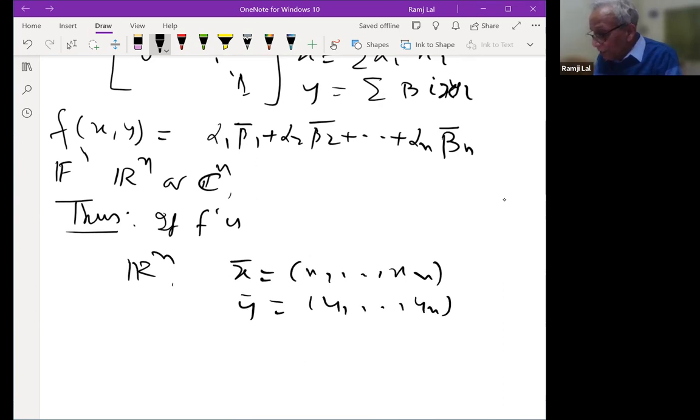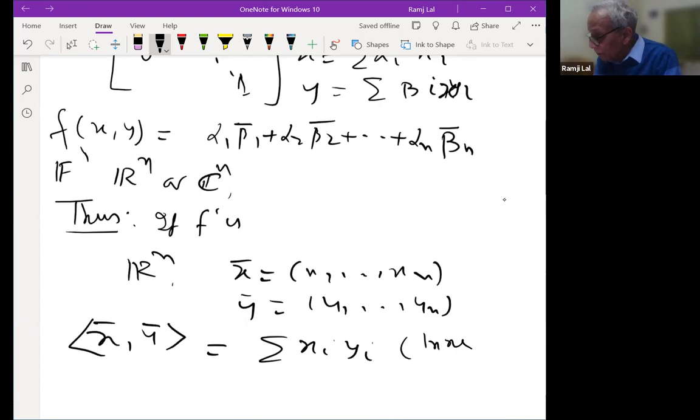Then the inner product of x bar and y bar, which is f(x,y), is sigma xi yi. So this is the usual Euclidean inner product. In the complex case, this will be sigma xi yi bar.